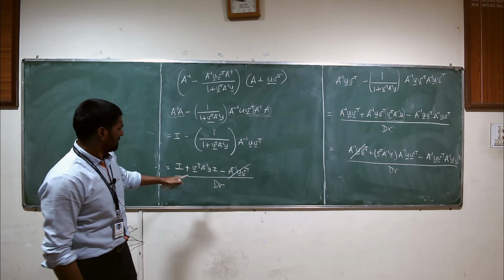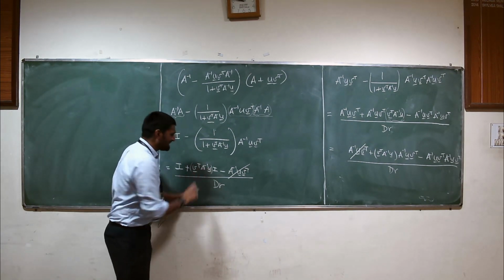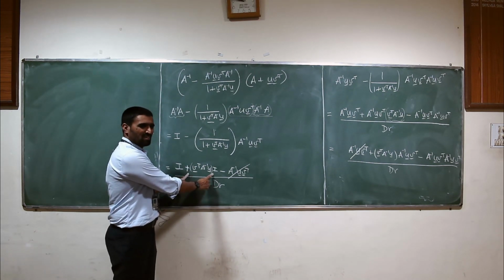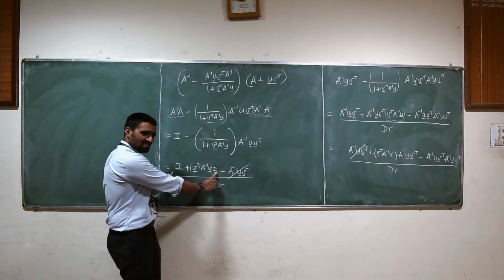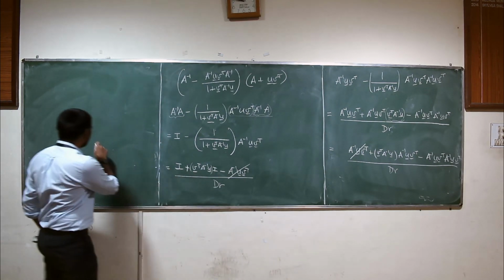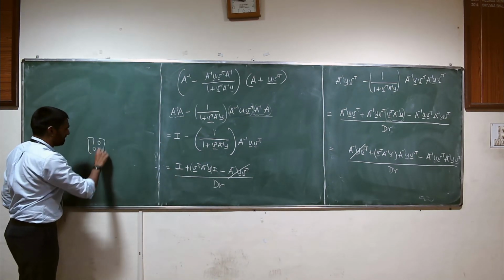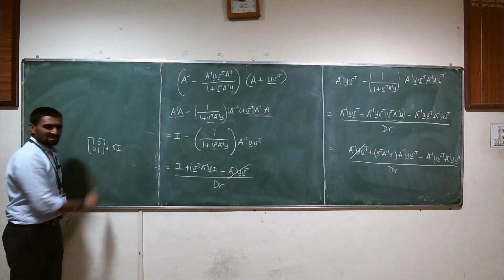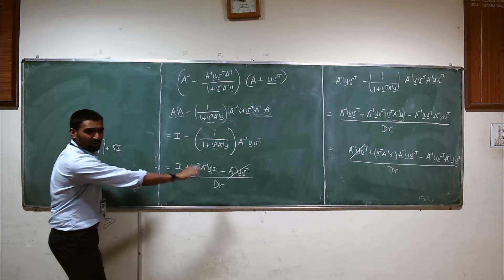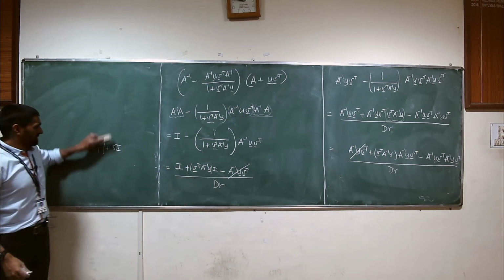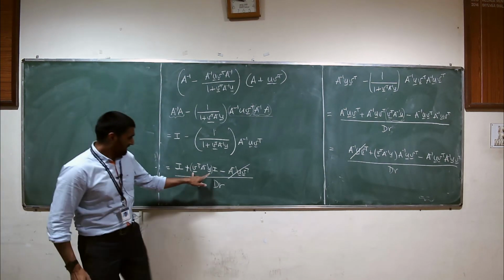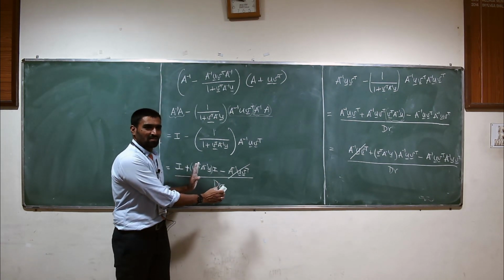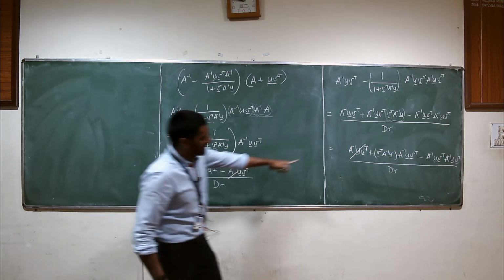The only reason I'm keeping the I here is because I didn't want to look like I'm adding a matrix to a scalar. I'm saying you're adding two matrices. Otherwise, it would look like I'm adding 1 0 0 1 plus 5. That does not make any sense. What makes sense is this. Here, this multiplied by I is in fact some scalar multiplied by I. It's not just a scalar. So this is gone.